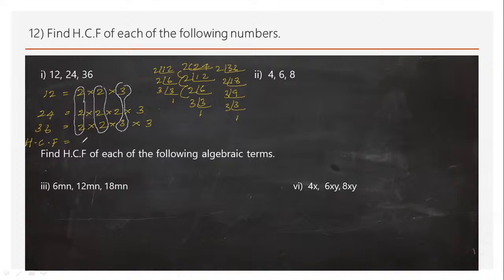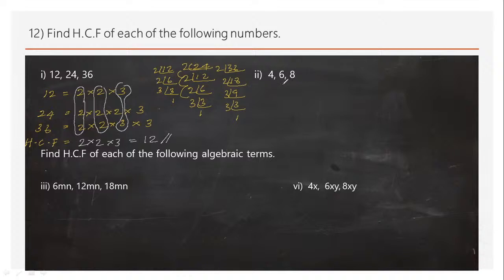Then you can write HCF as 2 into 2 into 3. 2 times 2, 4 times 3, 12. HCF is 12 here. Highest common factor: the highest number by which we could divide all these three numbers is the highest common factor.